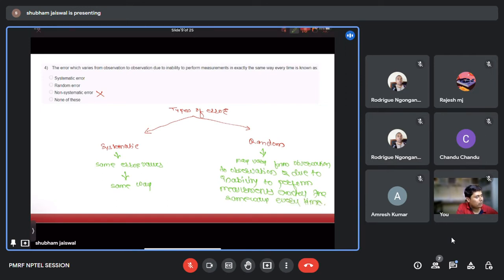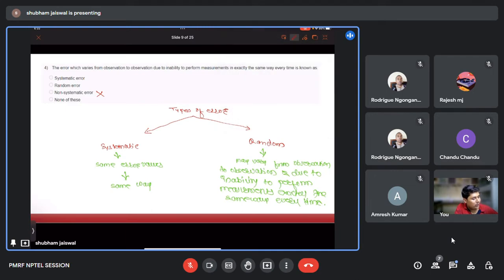So in this question, what they have said, that it varies from observation to observation and is due to inability to perform measurement in exactly the same way every time, shows it's the random type of error. So the correct answer will be random error. Is that clear? Please say yes or no.